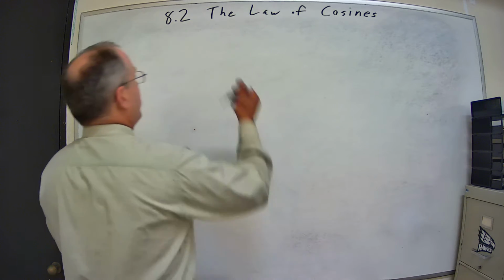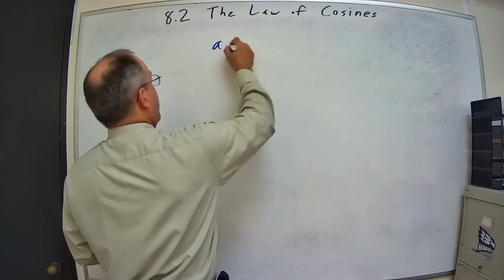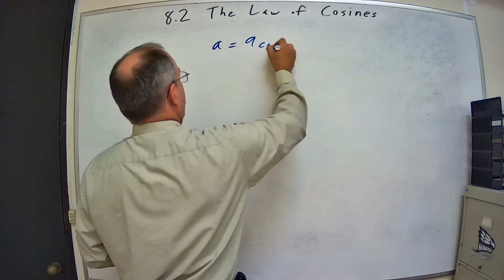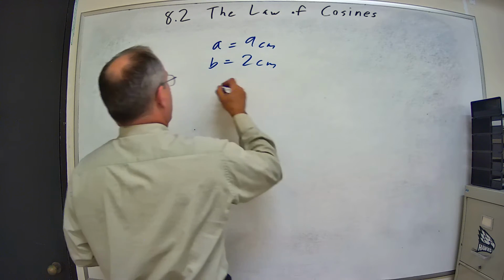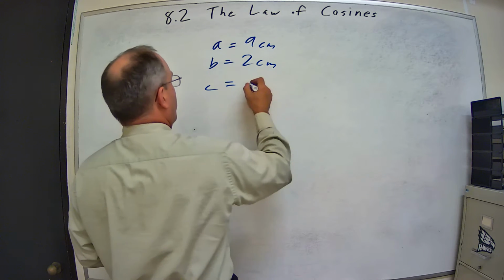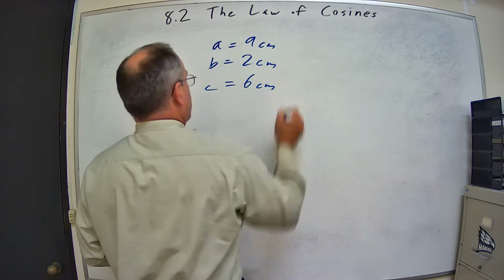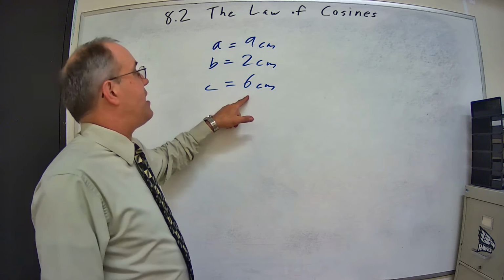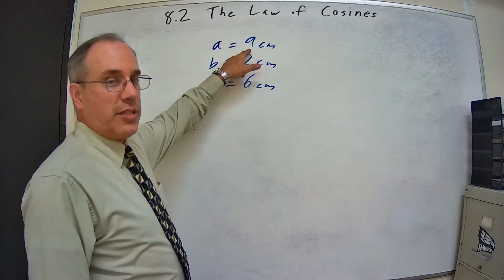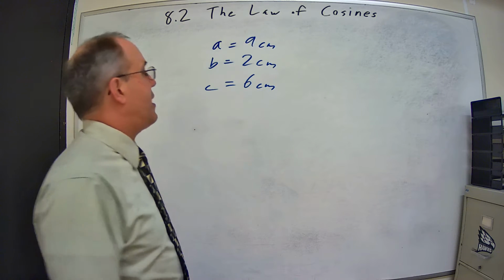If we have side A equal to 9 centimeters, side B equal to 2 centimeters, and side C equal to 6 centimeters, 2 plus 6 is 8, which is not larger than 9, therefore you can't have a triangle.